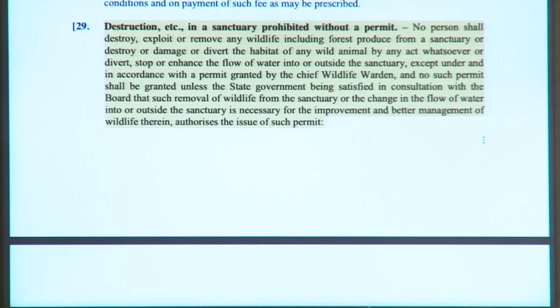No person shall destroy, exploit or remove any wildlife, including forest produce from a sanctuary.